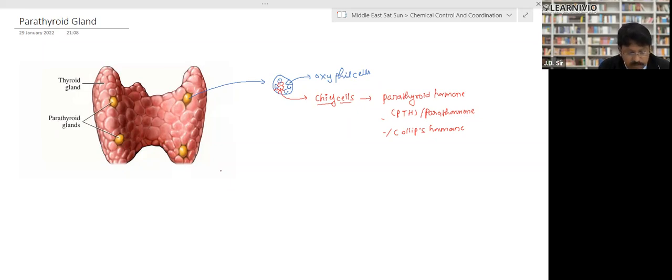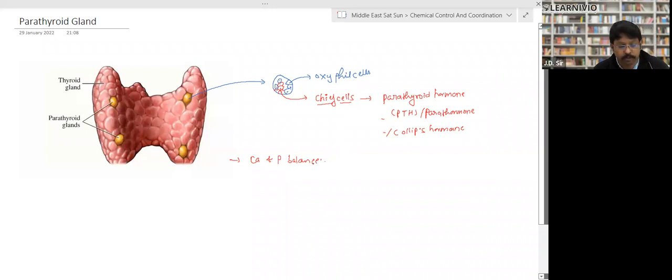Full stop. It regulates calcium and phosphate balance between blood and tissues. Full stop.